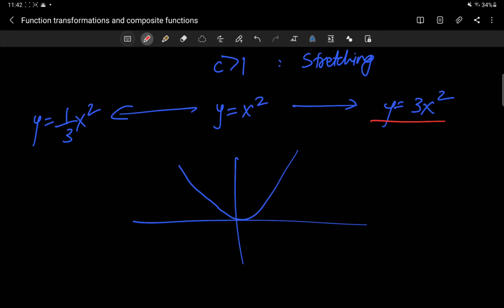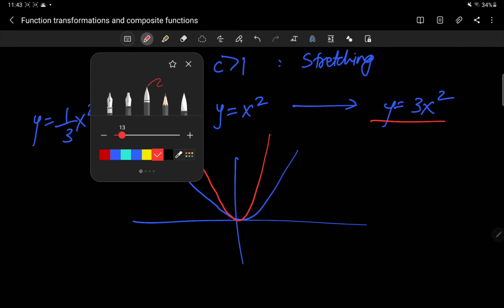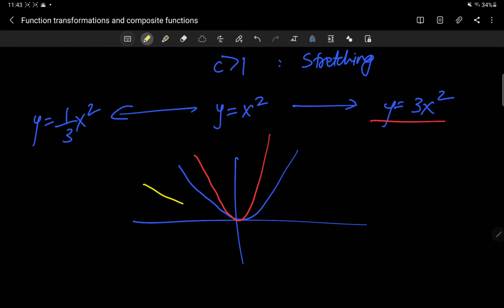If I stretch this vertically, it's going to be steeper. But if I shrink it, which is making it 1/3, it's going to be less steep. So that would be 1/3 x squared, whereas this would be 3x squared. So we are increasing it by a certain factor.